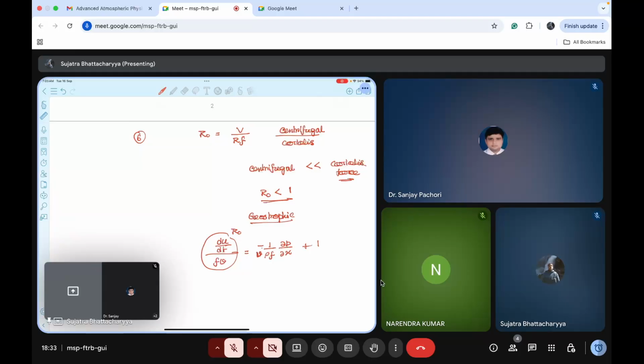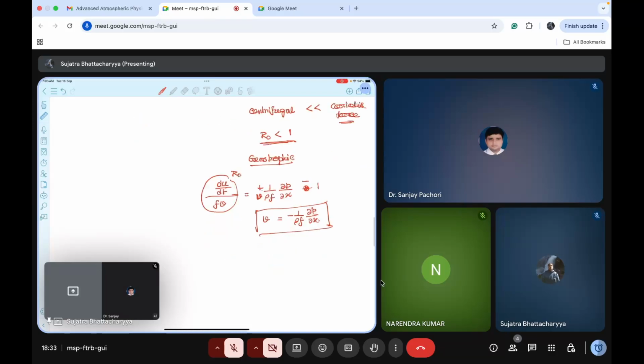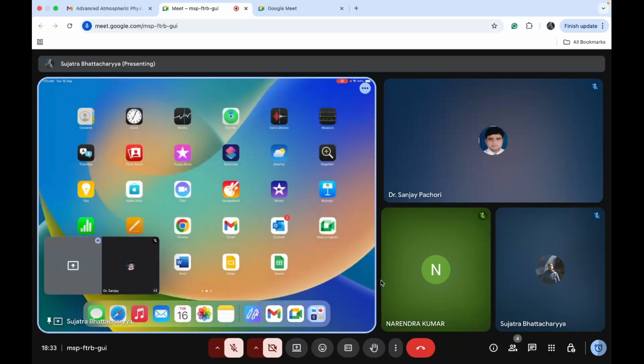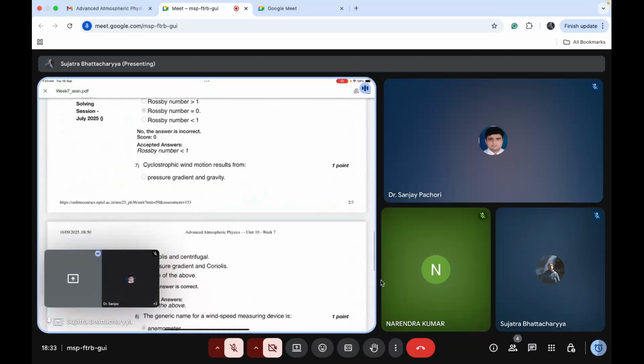Okay, so you can see when Rossby number becomes exactly equal to 0, your v tends to become -1 upon rho s delta p delta x. I think this will be minus, this will be plus. Just check it once. Okay. So both are right. I think Rossby number equal to 0 is also right, but Rossby number less than 1 is also a perfect approximation. Okay. So this sometimes becomes confusing.